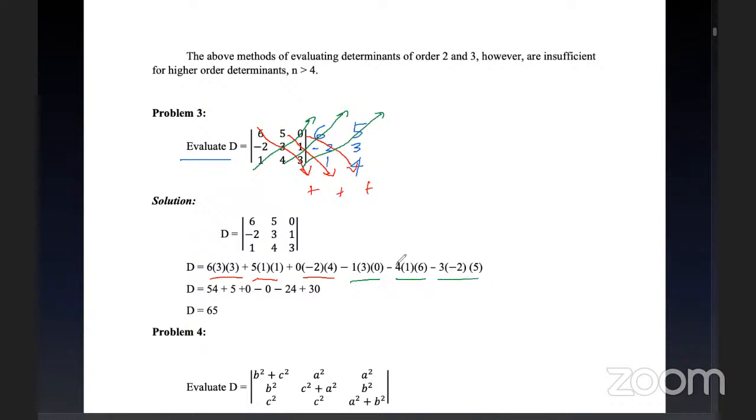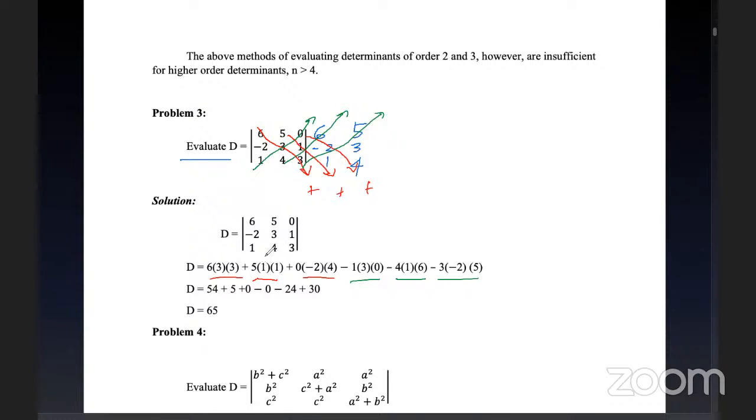Mamaya papakita ko sa inyo, di ba, kung ilan yung number of terms na makikita mo dun sa mismong determinant natin if ganitong order ng determinant yung given. For example, pag sinabing order 2 or second order or third order.